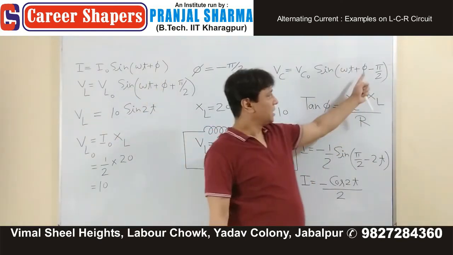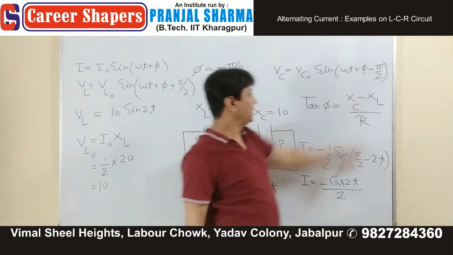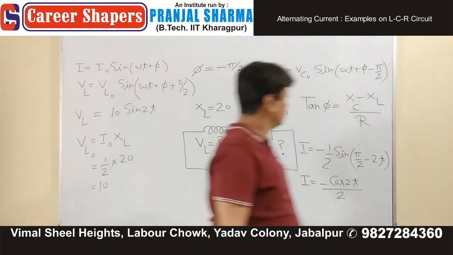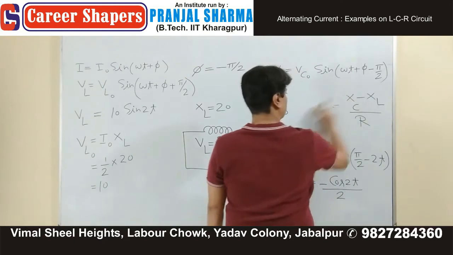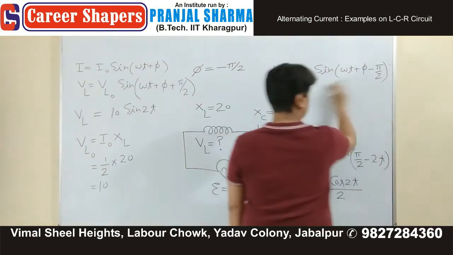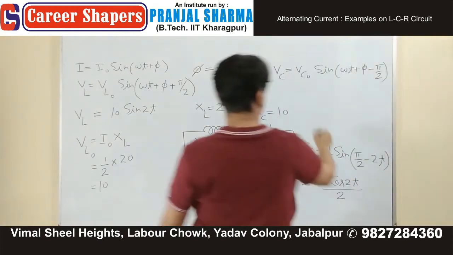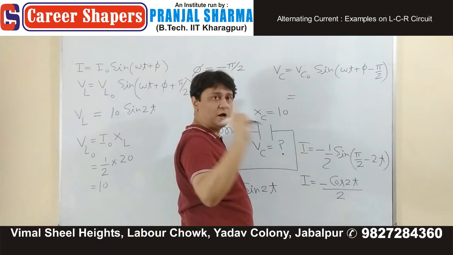And potential difference lags behind. Phi is minus of pi by 2. So when I put this value in here, what is VC naught? I naught times XC.